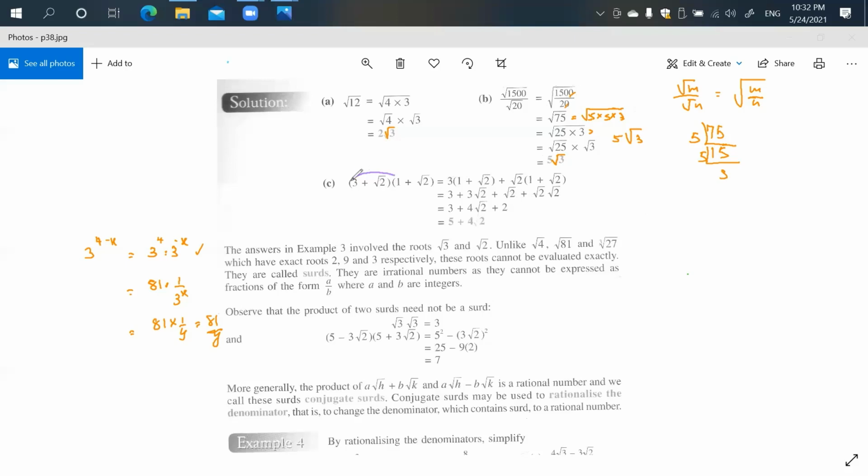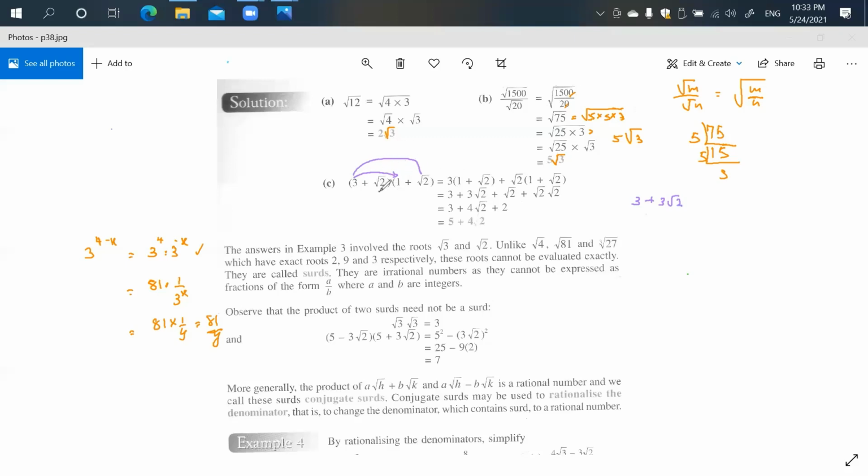The same meaning. So 3 times 3, I lay it down here. 3 times 1 is 3, right? And then 3 times this one, so plus 3 square root 2. Okay, and then this term times every term in the next bracket.